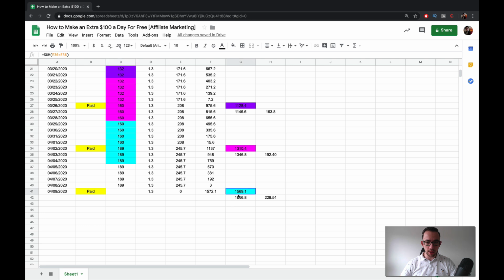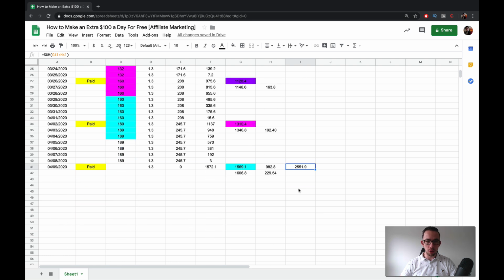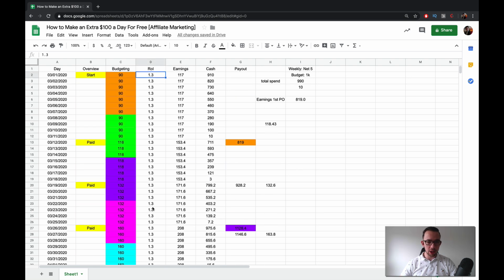Then you get paid 1.5K here on this day, plus the remaining days, which are these ones. So you total 2.5K. So this is through compounding with 30% ROI on a weekly net 5 schedule basis.